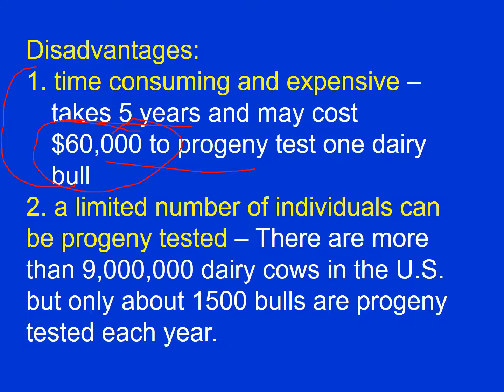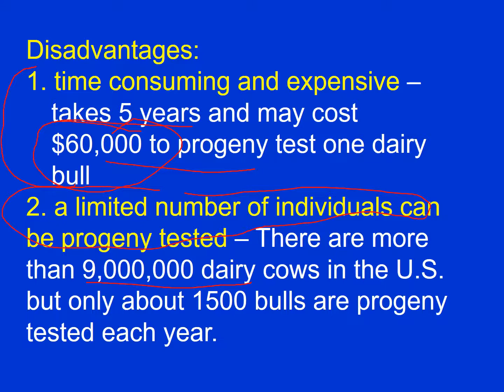The other thing, because of the expense, is that a limited number of individuals can be progeny tested. For example, in the dairy industry, we have 9 million dairy cows. Each of those cows would have a calf each year, half males and half females, so you'd expect over 4 million bull calves being born.